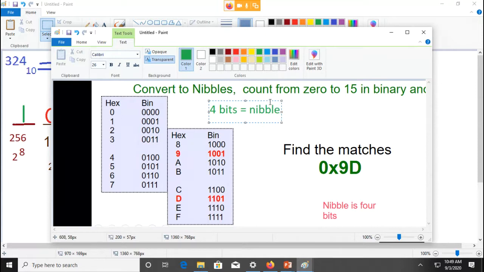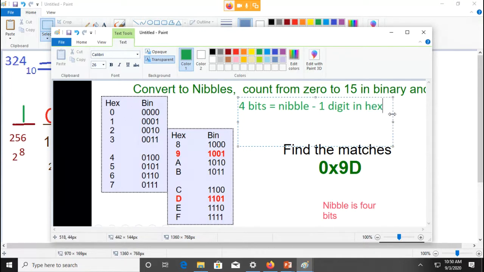So 4 bits is referred to as a nibble, which is 1 digit in hexadecimal. With hexadecimal, 4 bits gives you one exact digit in hex. And that's why we like to use hexadecimal, just very similar to the octal.